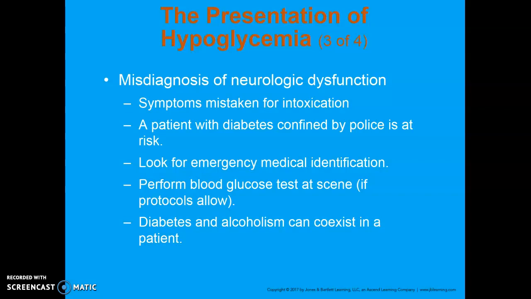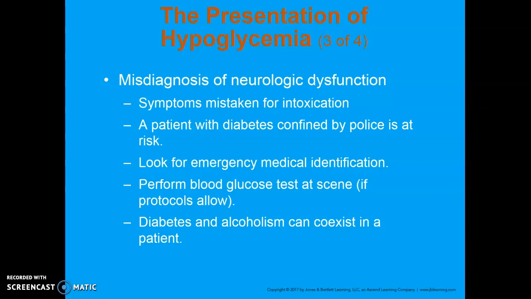Misdiagnosis of neurologic dysfunction. A lot of times patients that are having blood sugar problems look as if they're just drunk or severely intoxicated. So we need to be a little more vigilant.